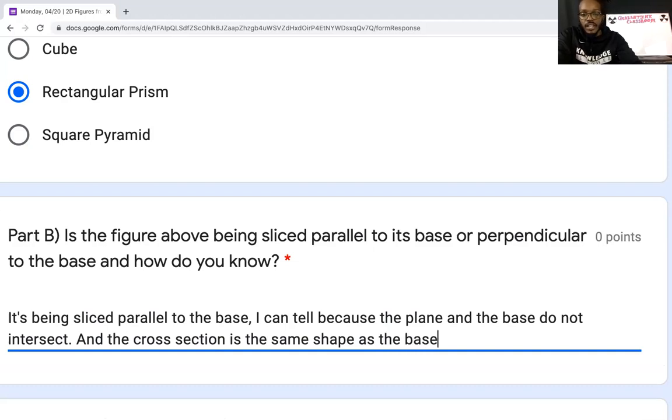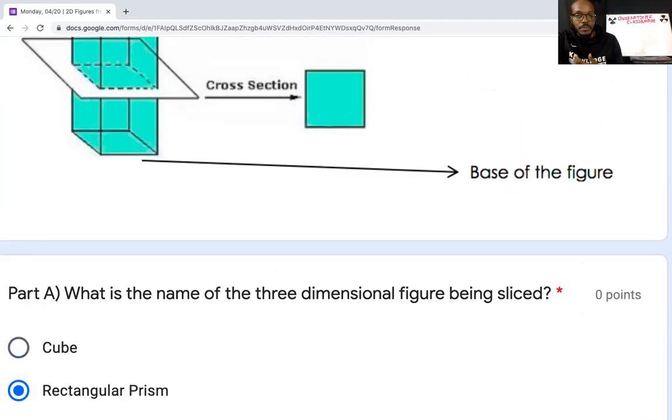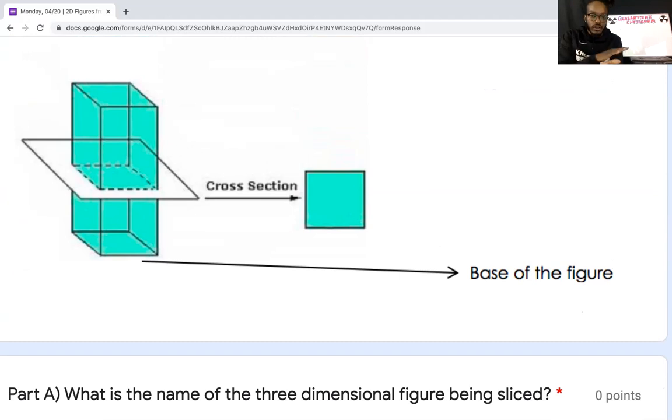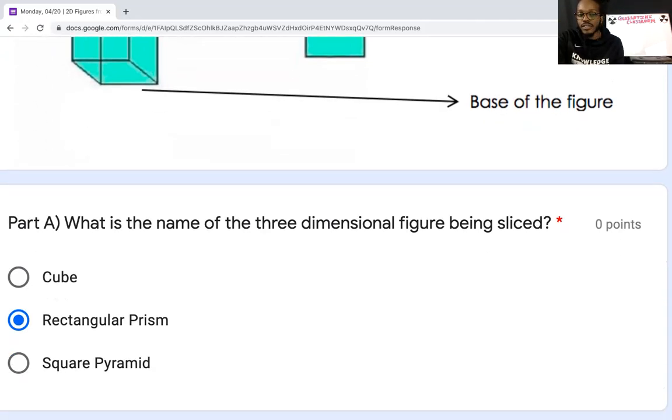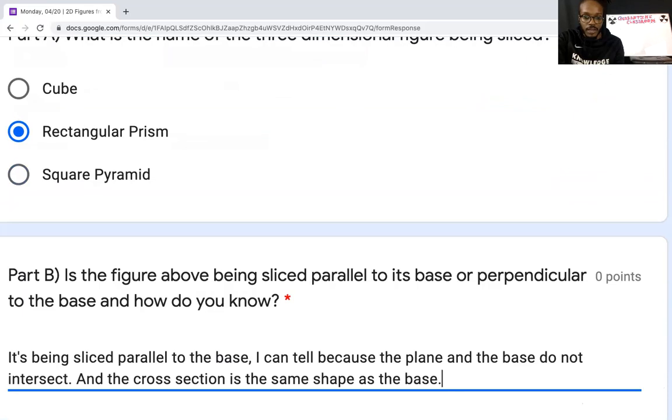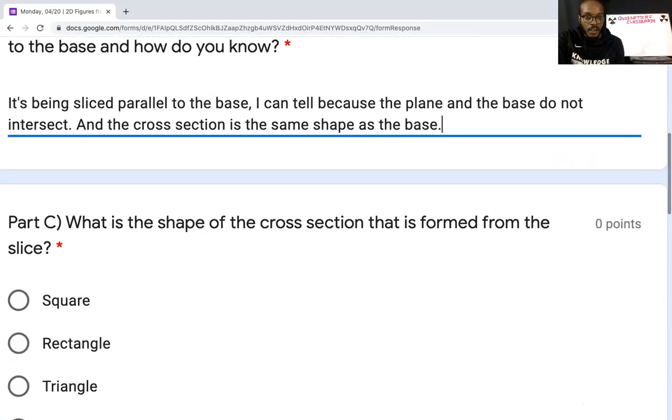This is basically the type of quality answer that you're going to put. What you're going to notice with these shapes is that when you are cutting parallel to the base, your cross section is going to have the same shape as the base. When you're cutting perpendicular to the base, then your cross section is going to have the same shape as the faces of that 3D solid object. I'll show you what that means in a little bit.